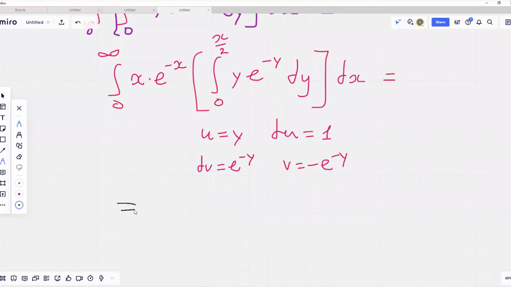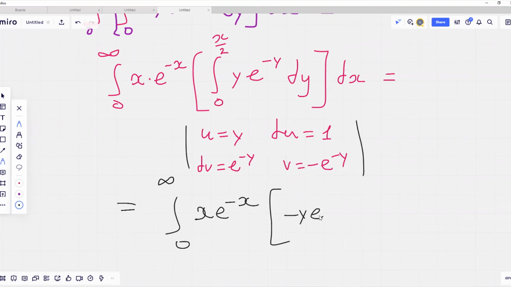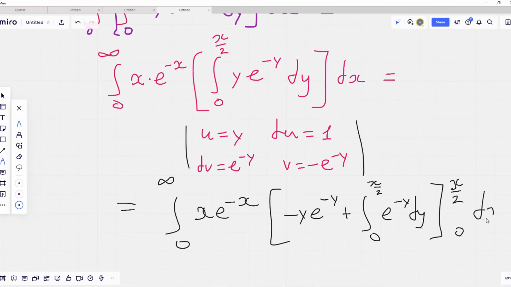So then this integral here is equal to the integral from 0 to infinity of x e to the power of minus x, times uv, which is minus y e to the power of minus y, minus the integral of v du. So this is plus the integral from 0 to x over 2 of e to the power of minus y dy. Boundaries for that are from 0 to x over 2, and dx.